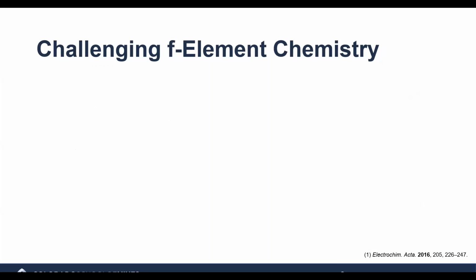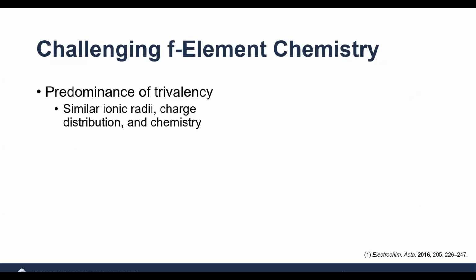Working with the lanthanides and the nitric acid media that the used fuel is stored in can be challenging for a variety of reasons. The first is that all of the lanthanides in used fuel exist predominantly in the trivalent oxidation state.